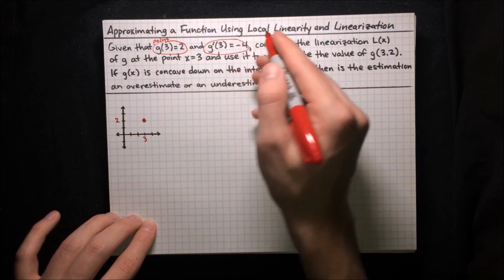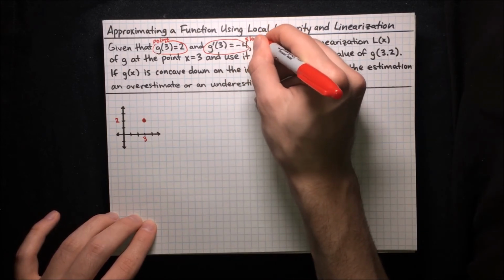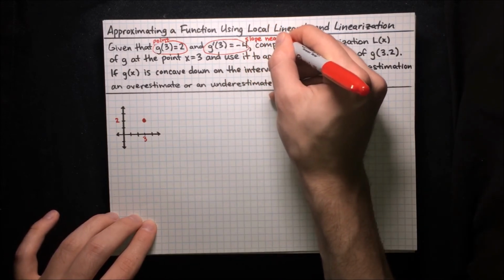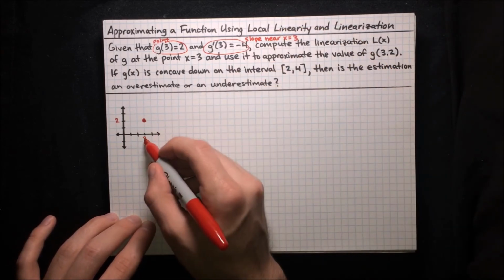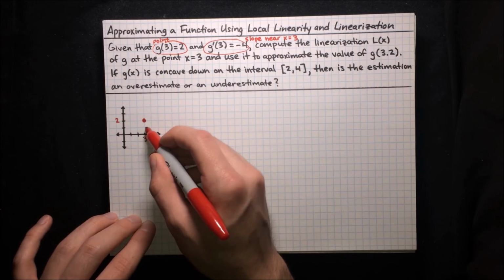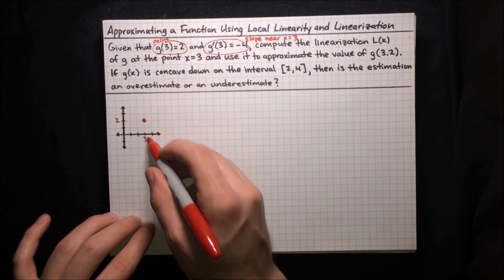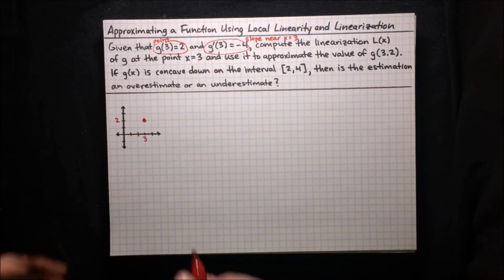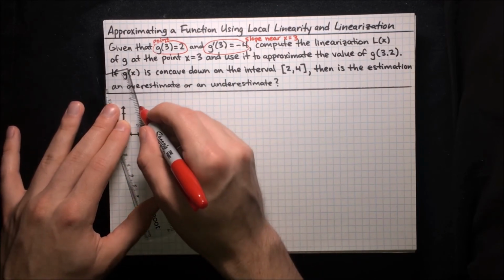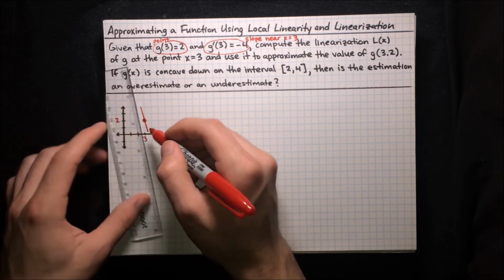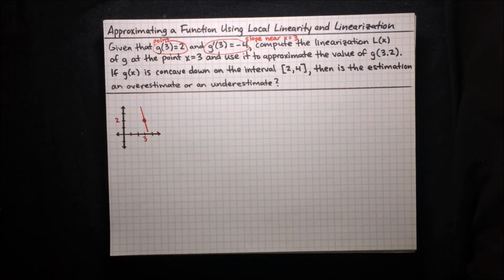So that tells us the slope near x equals 3. In that neighborhood of x, close to x equals 3, the function looks like a line with slope negative 4. So it's going down. Let's go ahead and draw in a little picture of that. So the function looks something like this. Not exactly like that, but it's pretty darn close.